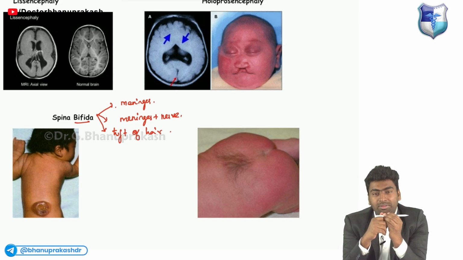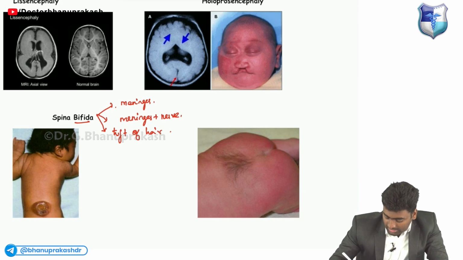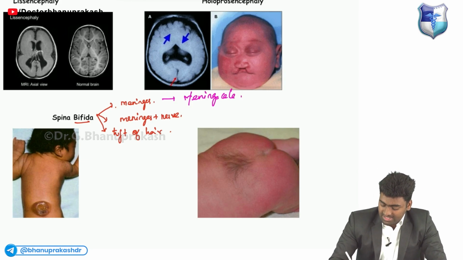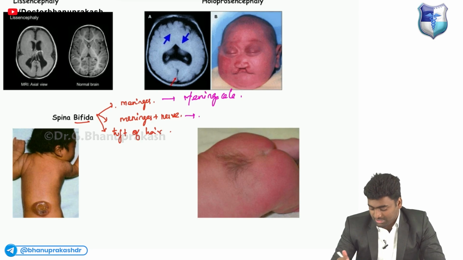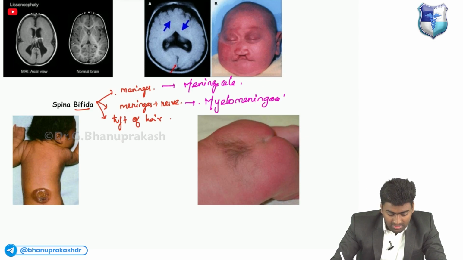So, spina bifida can be spina bifida occulta or spina bifida causing two conditions known as meningocele and myelomeningocele. If there is only meninges, it is the meningocele. Whereas if there are meninges along with some spinal cord derivatives or nerves, it is known as myelomeningocele. Right?